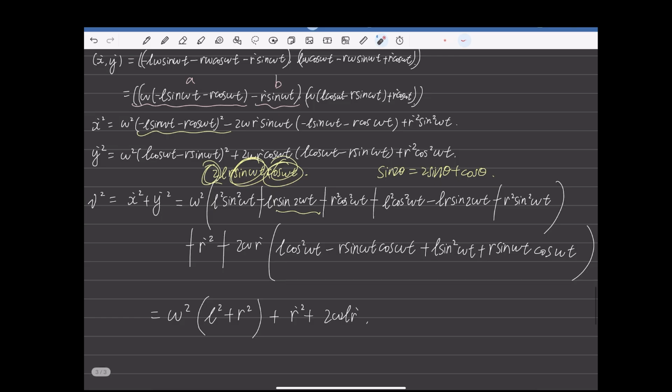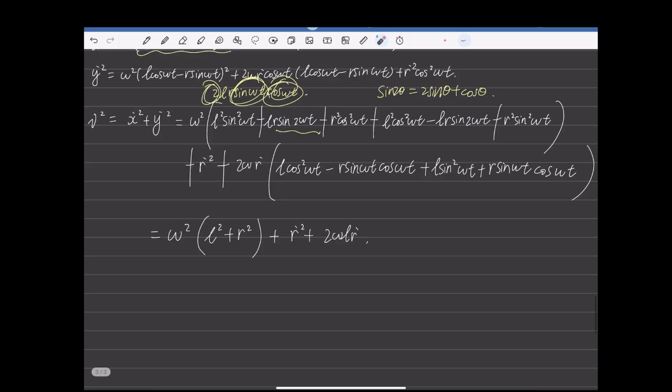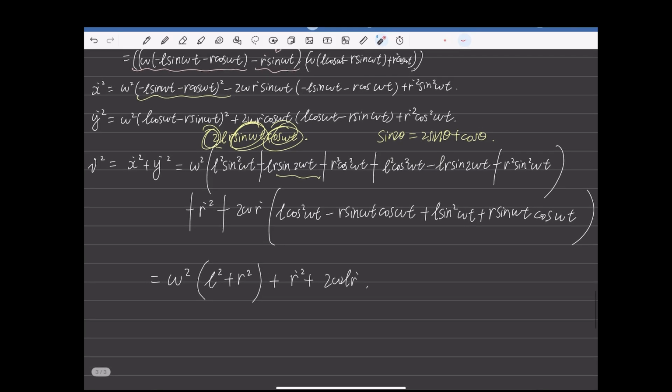And then also for this r dot squared term, this plus this, well, sine squared plus cosine squared is 1, right? So it should be r dot squared here. And then we combine these two terms, and we basically get an expression like this. And again, in the interest of time, I'm just not going to write it out completely. So feel free to try expanding it one by one in your own time.